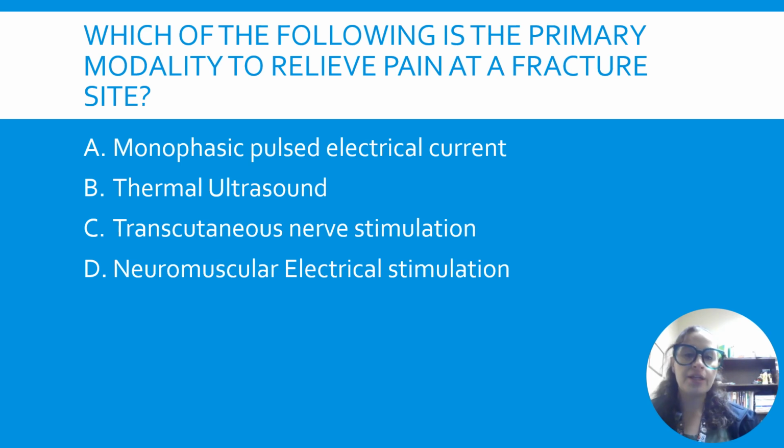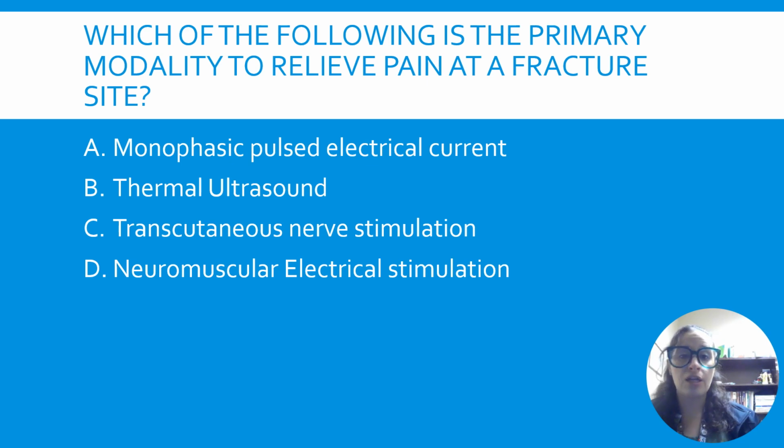So I'm going to think about what stands out with A, C, or D that is to relieve pain and won't hurt my fracture. Okay, so you have A, monophasic pulsed current, C, transcutaneous nerve stimulation, D, neuromuscular electrical stimulation.